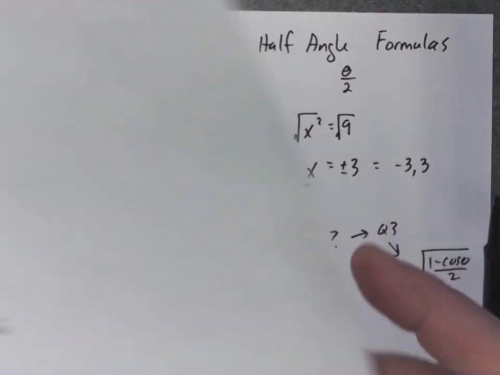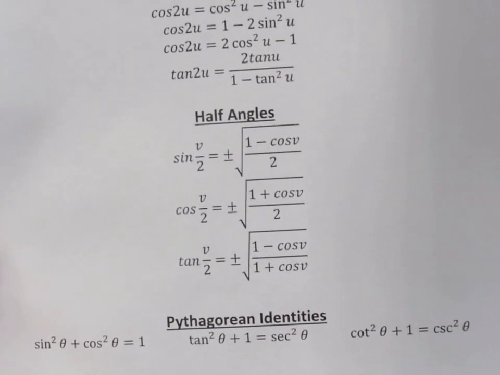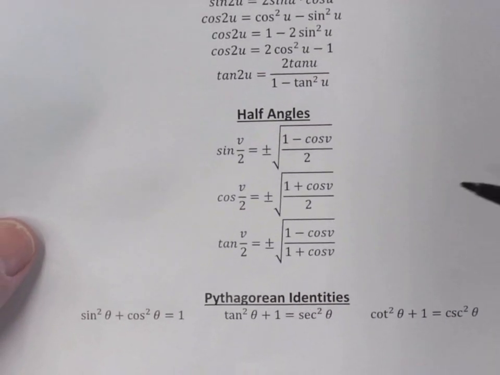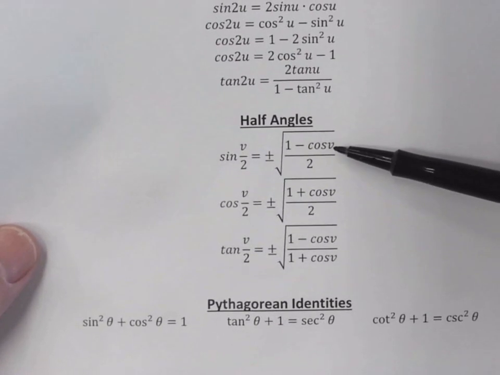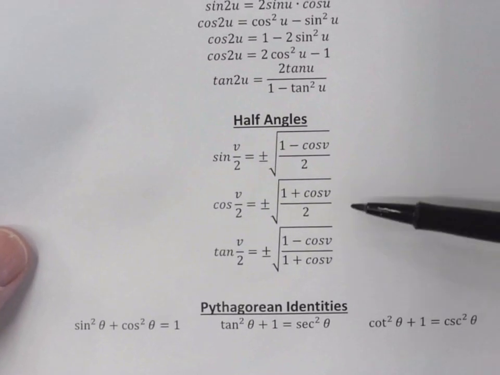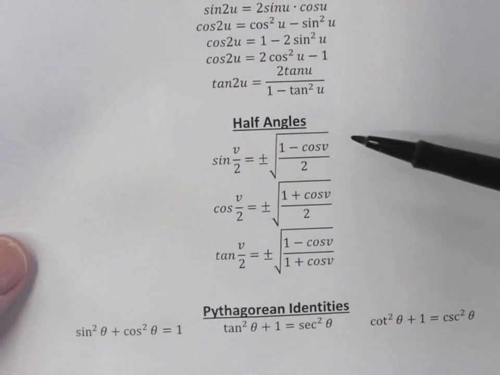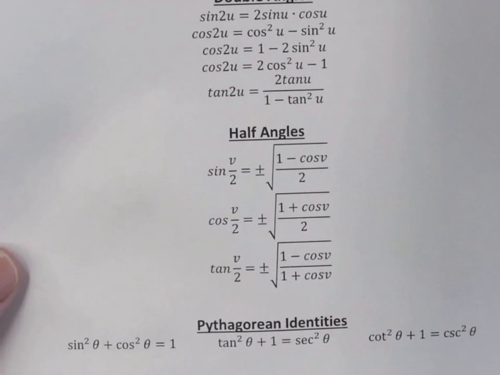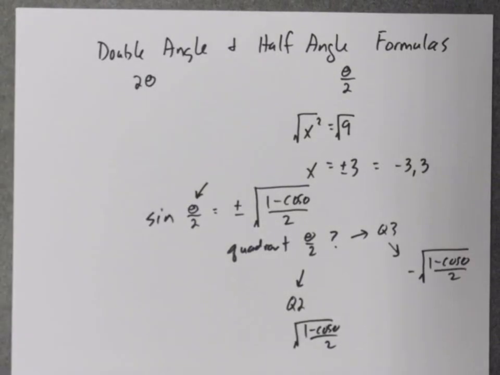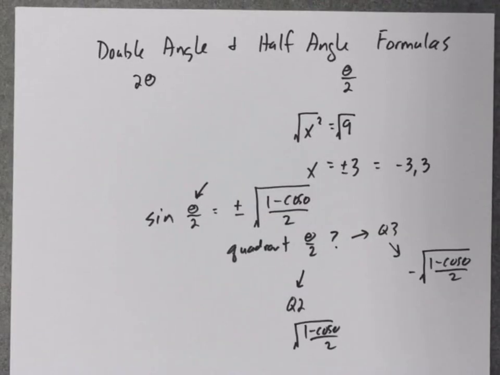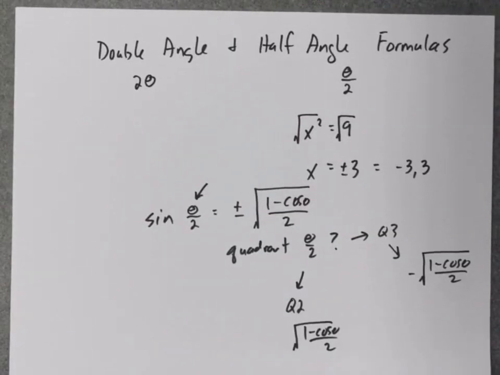So just taking one more quick look, the other thing I wanted to mention before we start working some problems is, look at these half angle formulas. All you need to know is the cosine. If you know the cosine of your angle, then you can do all these. All right, so there's really two kinds of problems you're going to have to work.